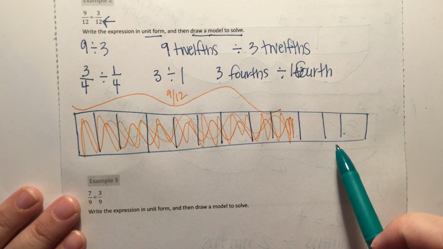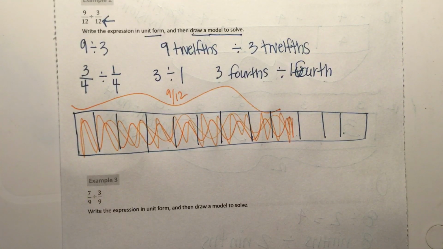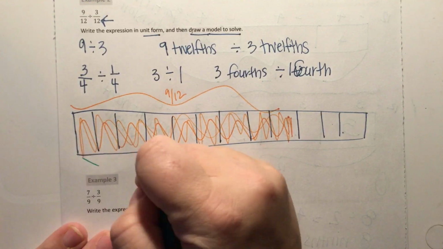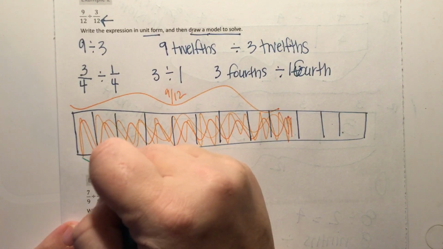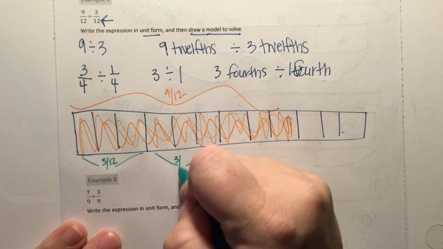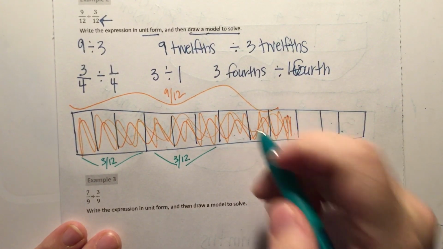We have 9 pieces left, and we need to split it into 3 pieces. Each person's going to get 3 pieces. So if we take this now, we have 1, 2, 3. This is 3/12. 1, 2, 3. See why I'm using different colors? See why it helps? 1, 2, 3.